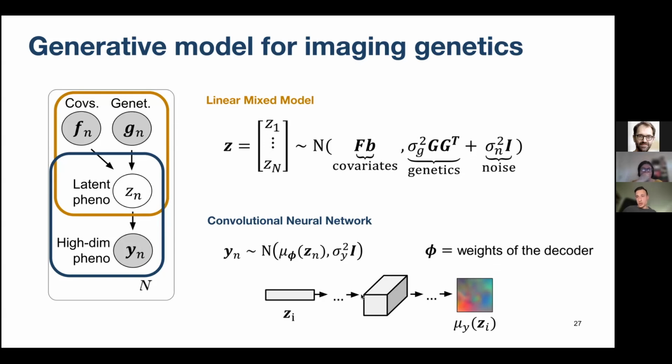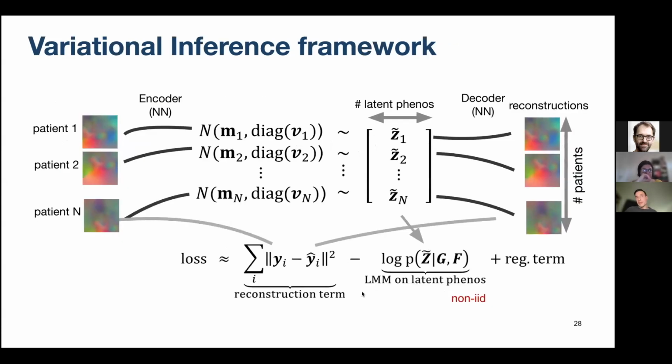And then we use a variational inference approach, very similar to the one used in the classical variational autoencoder, to perform inference. We end up with a generalization of the variational autoencoder, with an autoencoder architecture where images are encoded into the latent space and then back to the original space.